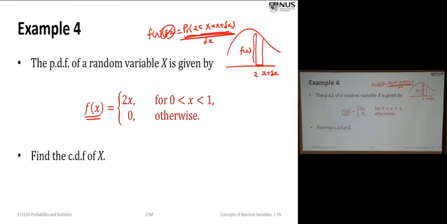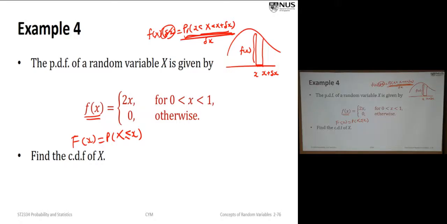Now, in this example, the PDF, probability density function, is equal to 2x when x is between 0 and 1, and equal to 0 otherwise. We are asked to find the cumulative distribution function, which means the probability of X less than or equal to x. You have to understand this notation.